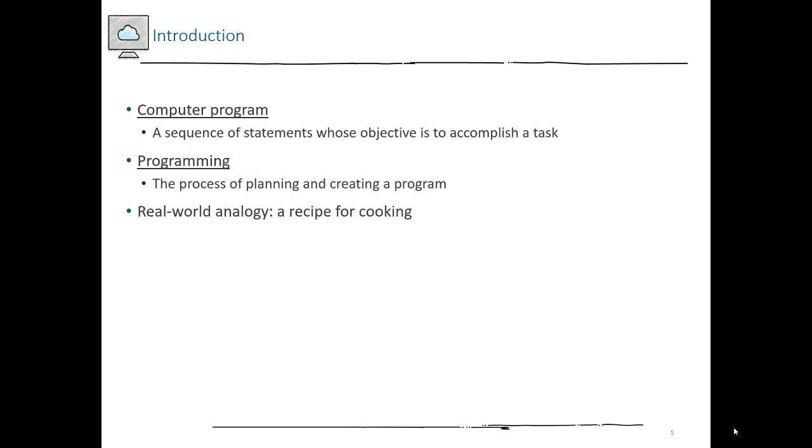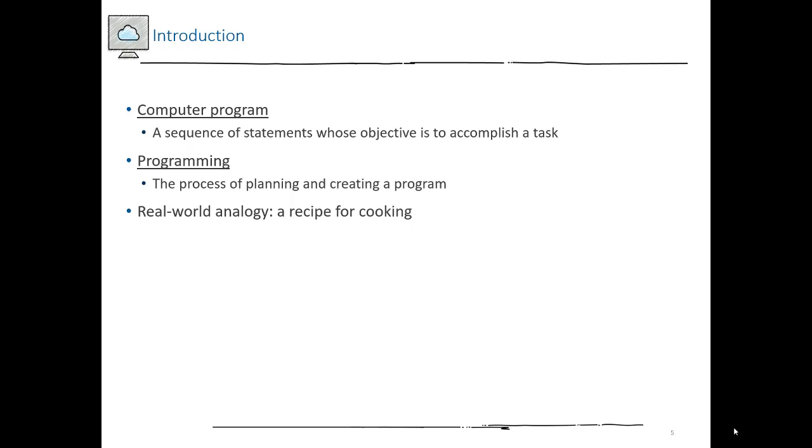You got to plan. You just can't go to the kitchen and start cooking. You got to make sure, first of all, you have all the ingredients you need. You have to make sure you have all the tools you need, pots, pans, the different cookware that you need. And then once you have everything, then you need to have the recipe, which is the algorithm, and then you implement that recipe using the ingredients and the equipment, and then you start cooking.